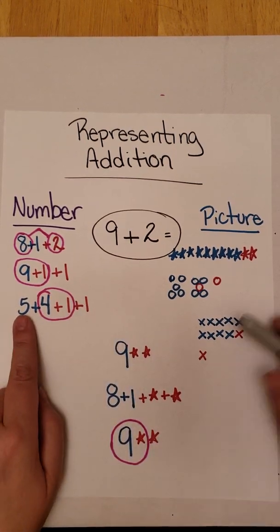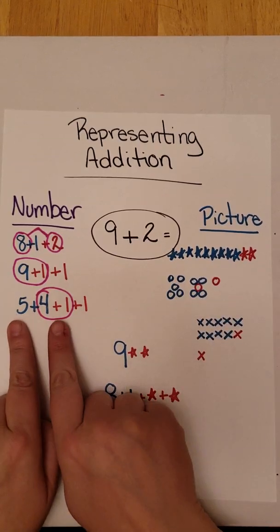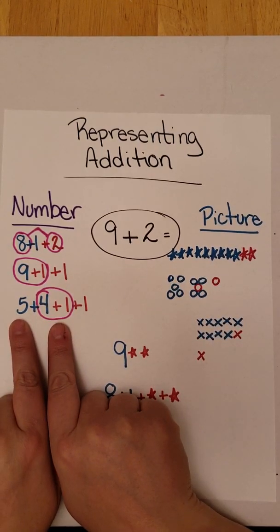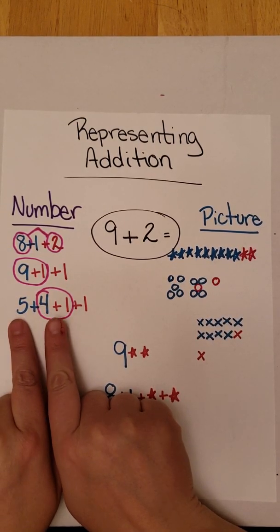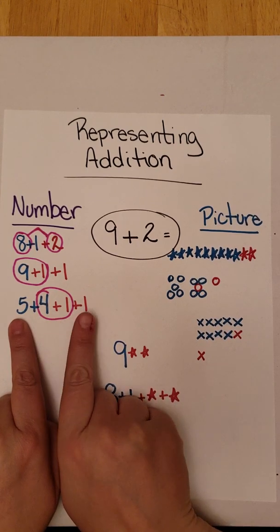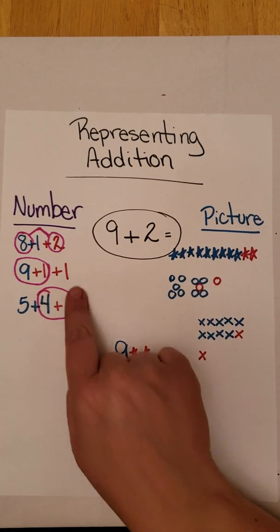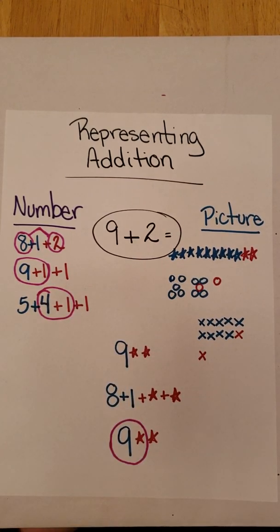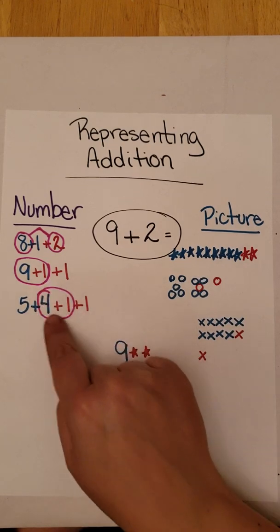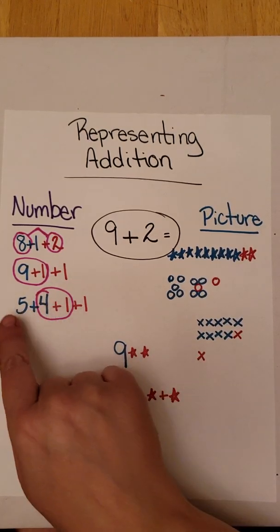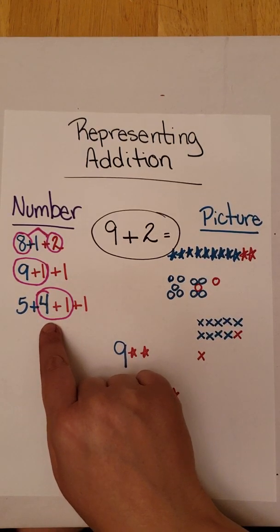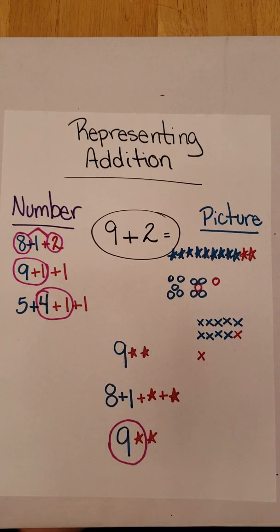I already have 5 here. 5 and 5 is a really easy fact for me. 5 plus 5 is 10. Then I have 1 extra. Putting that circle there tells other mathematicians who are looking at my work later on that I made this into a 5, so I could put 5 and 5 together before I add the extra 1.